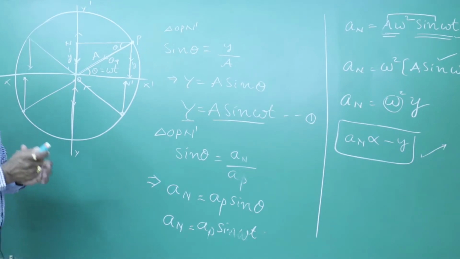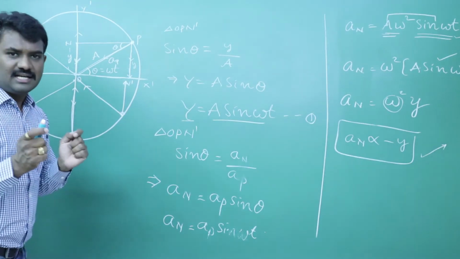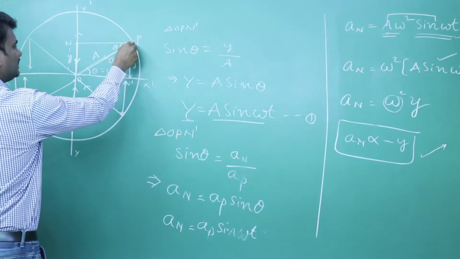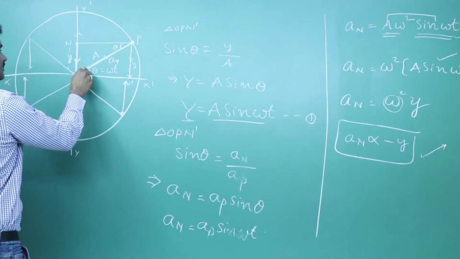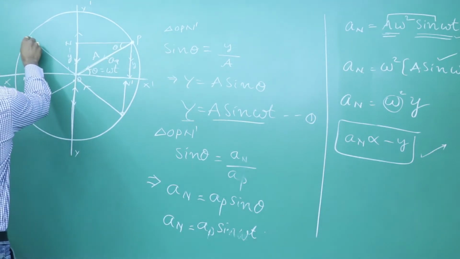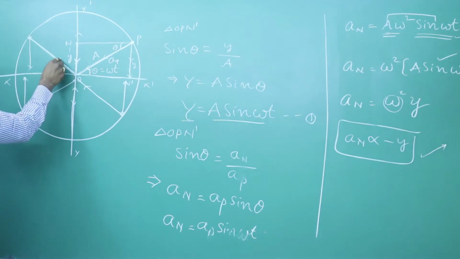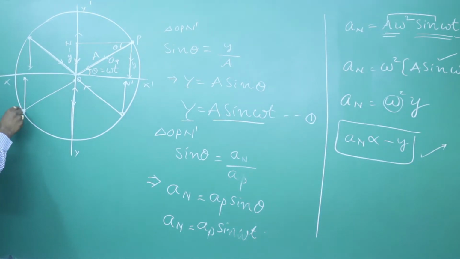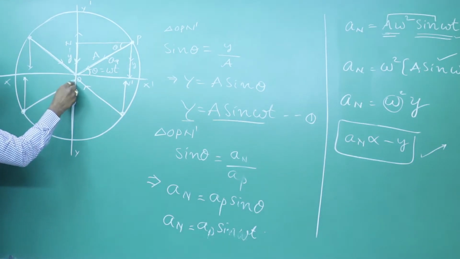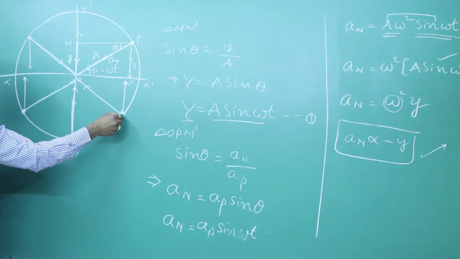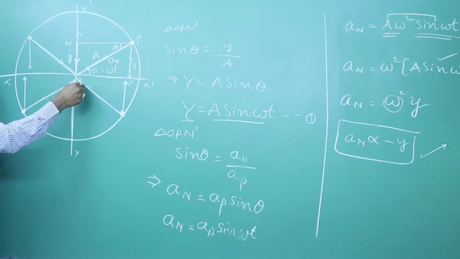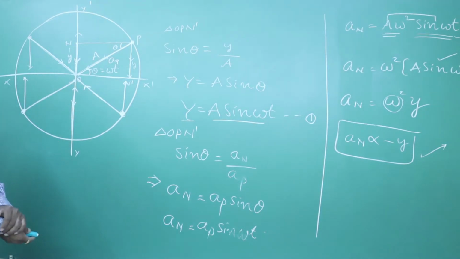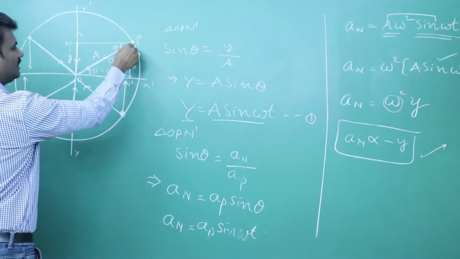The centripetal acceleration always acts towards the center. So when the particle is here, the centripetal acceleration is towards this point. When the particle is here, the centripetal acceleration acts towards this point. When the particle is here, then also the centripetal acceleration acts towards the center. Now, what about the component of the centripetal acceleration along the y-axis?